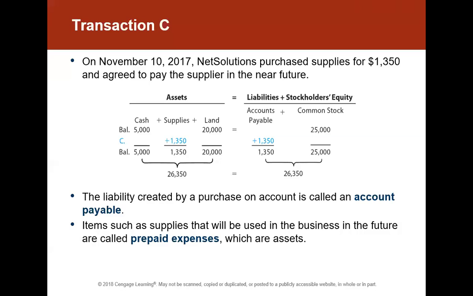At the end of the month, we're going to look at how many supplies we actually used up, and we're going to expense that. So we'll do that in a later transaction, but it's good to understand that supplies are what we call a prepaid expense. While we have them and haven't consumed them, they're an asset, they have value. Once we use them up, we need to expense them out. And we'll learn how to do that on Wednesday.